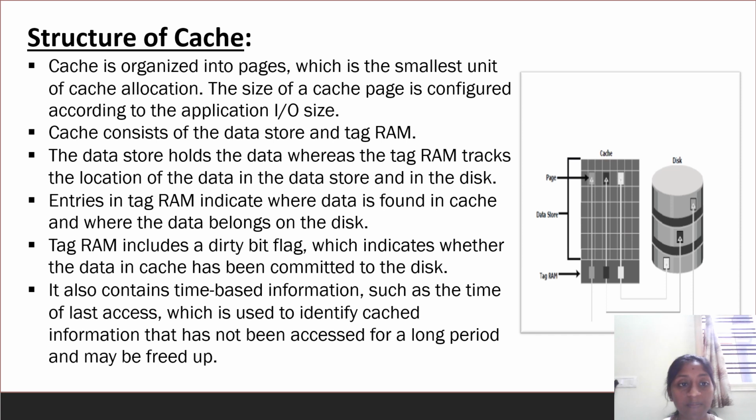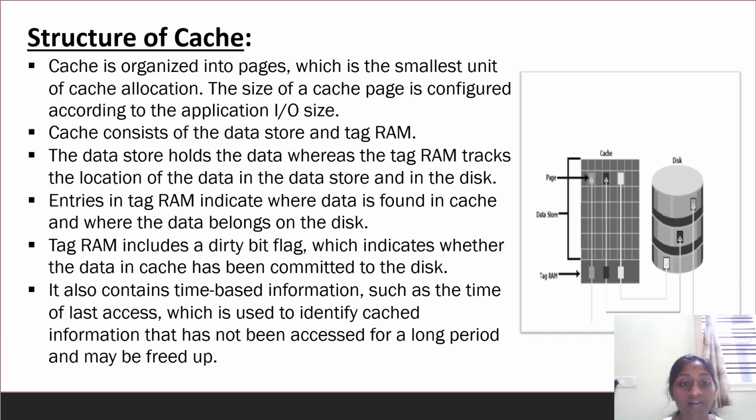Structure of cache. Cache is organized into pages, which is the smallest unit of cache allocation. The size of a cache page is configured according to the application input-output size. Cache consists of the data store and tag RAM. The data store holds the data, whereas the tag RAM tracks the location of the data in the data store and in the disk.